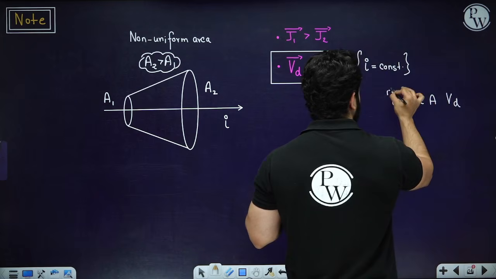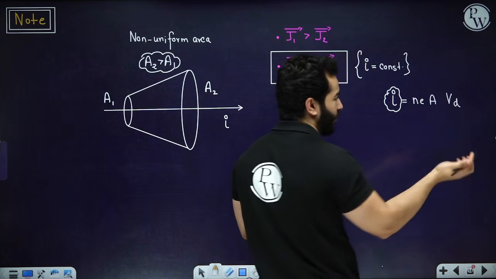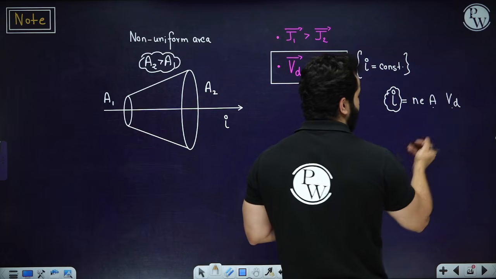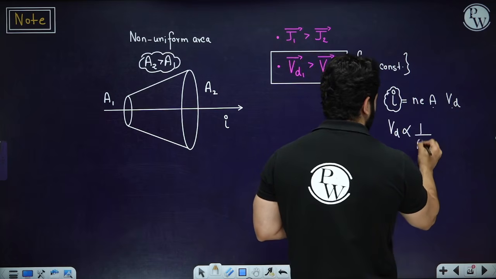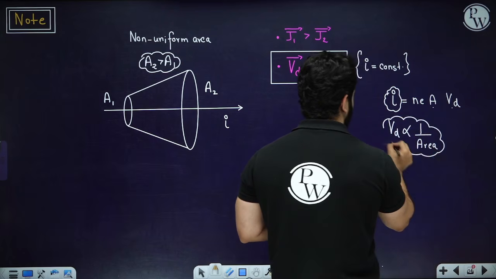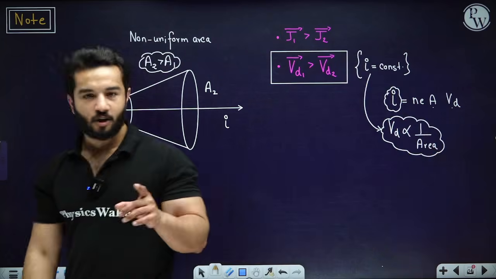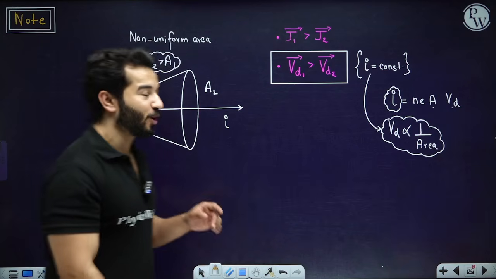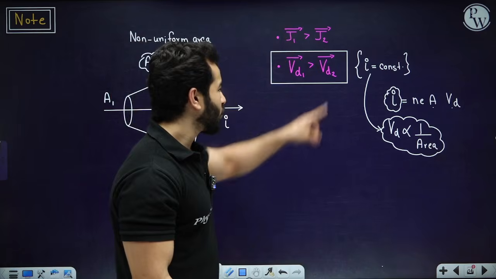Because current is constant, nE will remain constant. That means the product of A and vD is constant. This means that vD is inversely dependent on area. But again, we have a condition: current should be constant. If current is not constant, then you will use the formula vD = E tau by m. This is a very important thing, okay? So this is for constant current.